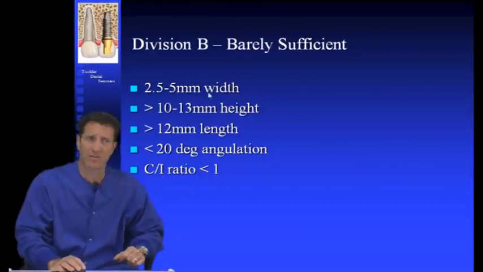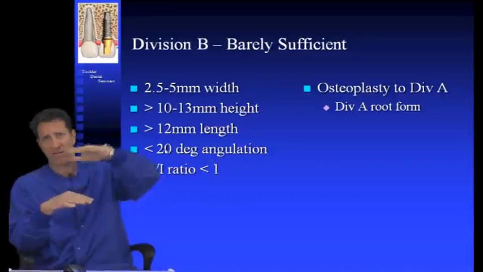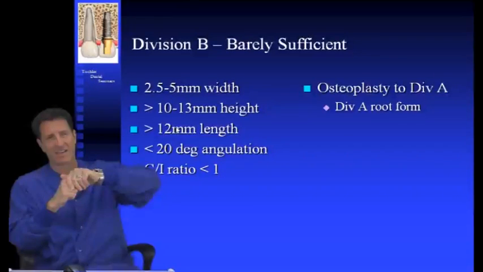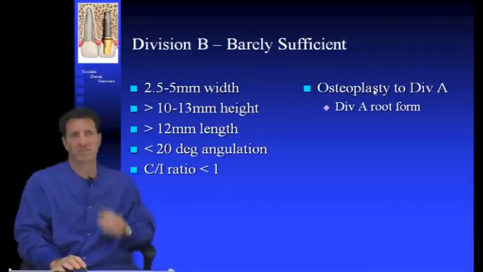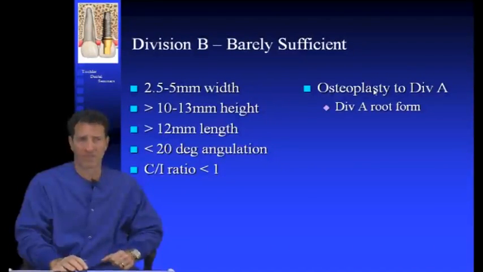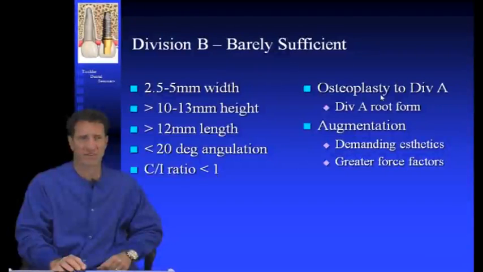But think about what you're doing. When you lower the bone, you're increasing the crown to implant ratio, and that's not a good thing. So in a situation like this, you may opt to augment the bone to increase that. You may want to use narrow implants, but these are all somewhat compromises from what's ideal.